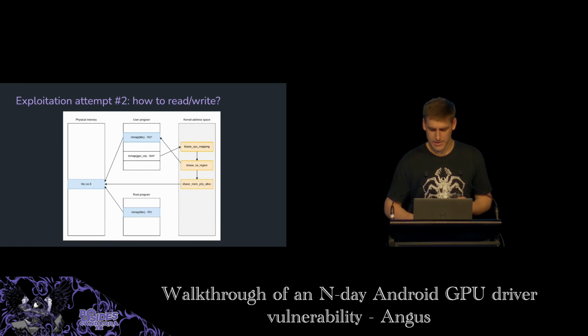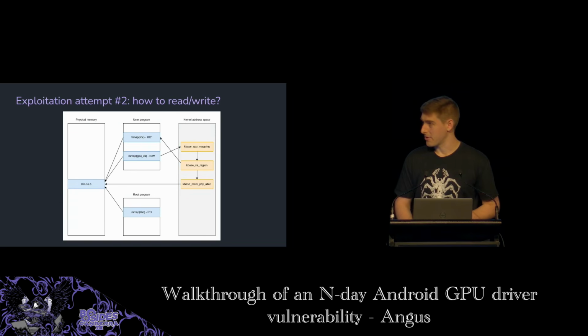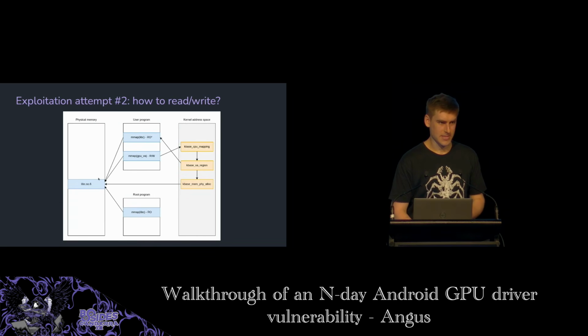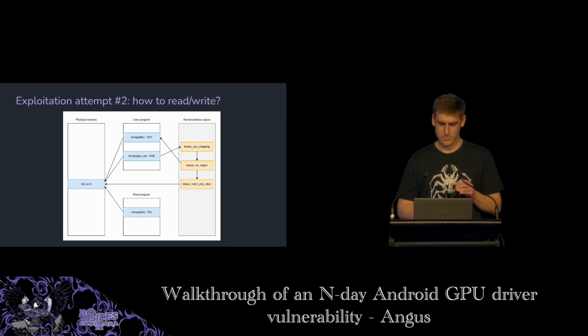So when we touch this newly created page, we also get a mapping to the underlying physical memory. But in this case, instead of having a read-only copy on write mapping, we have full read-write access to the same shared memory. We've completely broken the security guarantees of the kernel.